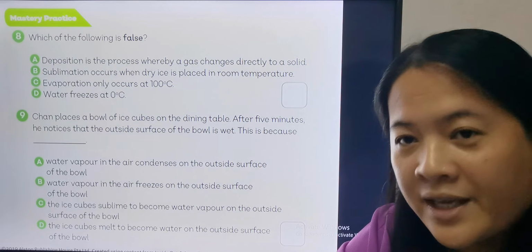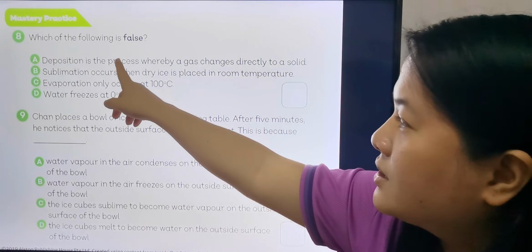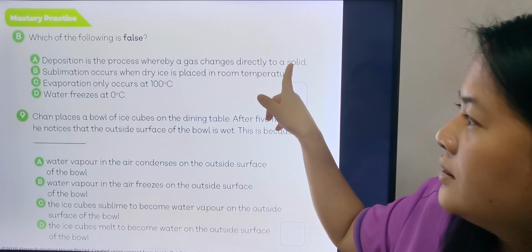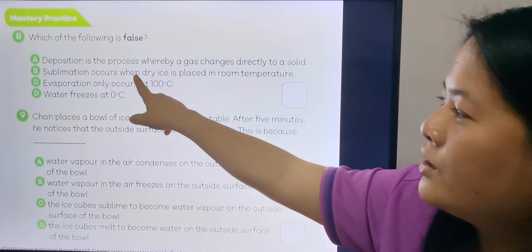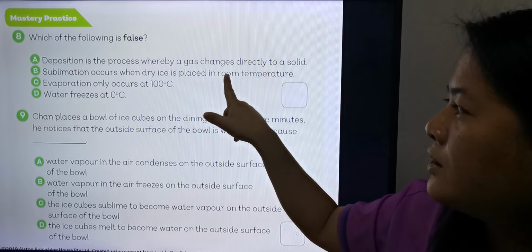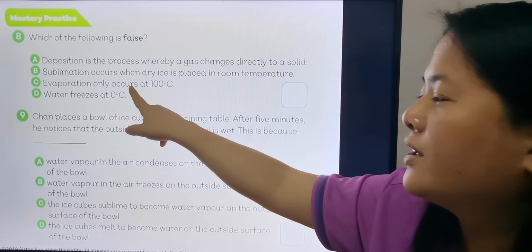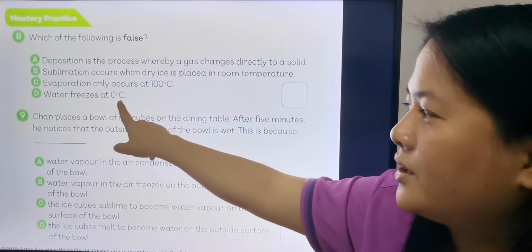Which of the following is false? Deposition is the process whereby gas changes directly into solid. Is it correct or false? Sublimation occurs when dry ice is placed in room temperature. Evaporation only occurs at 100 degrees Celsius and water freezes at 0 degrees Celsius.